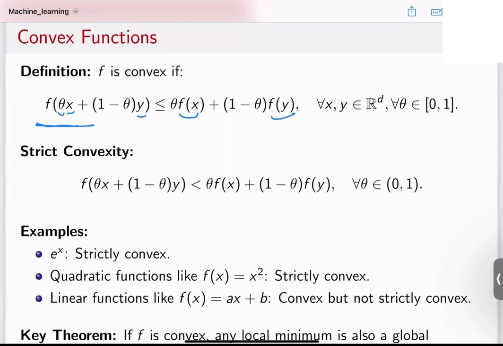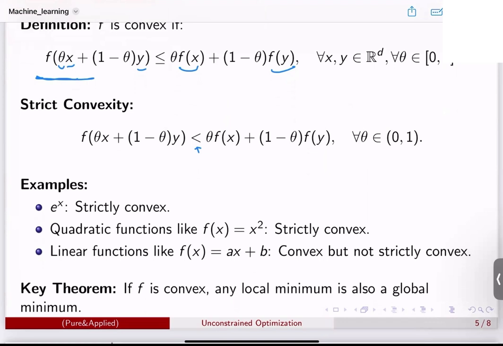All right, there's one little more thing that I want to say, which is that if this inequality is strict, we say that the function is strictly convex.